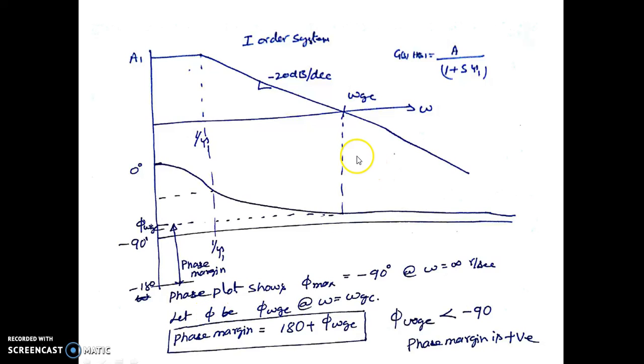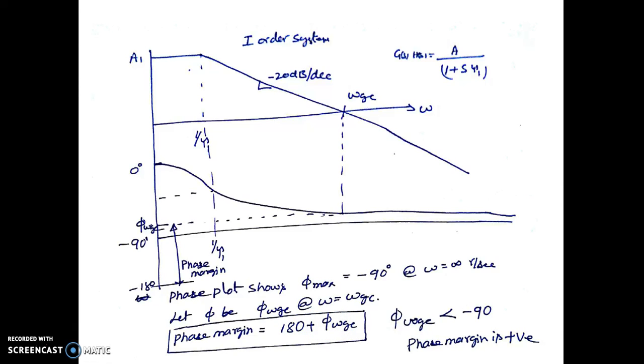So at omega equal to omega gc, let us assume that the phase is given by phi of omega gc. This phi of omega gc is the phase of the plot when omega is equal to omega gc. So we can define one important term in the case of amplifiers, which is called phase margin. Phase margin is given by the expression 180 plus phi of omega gc.